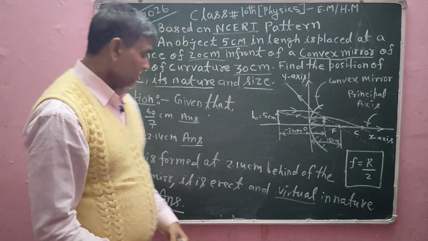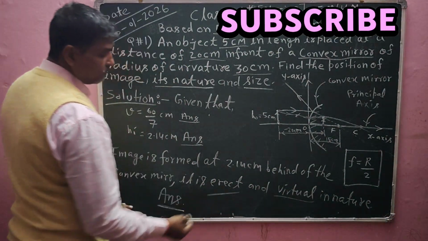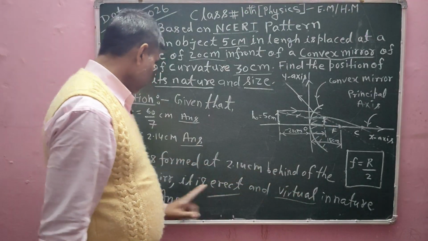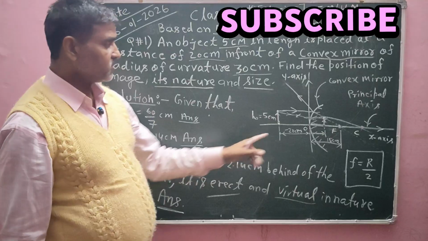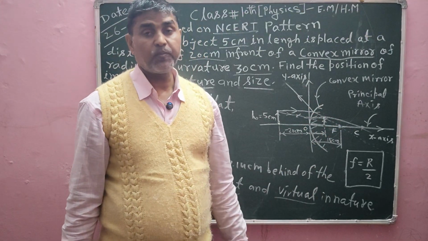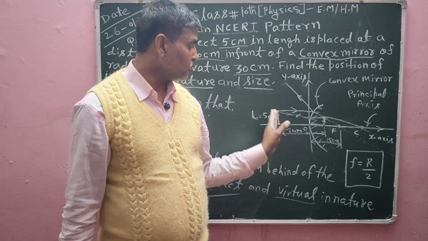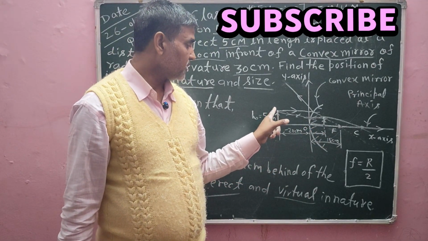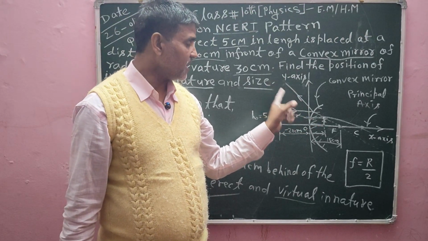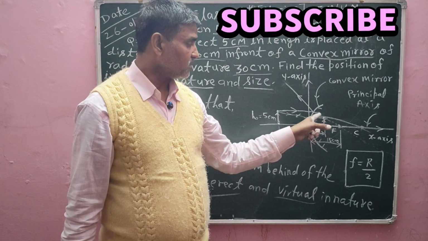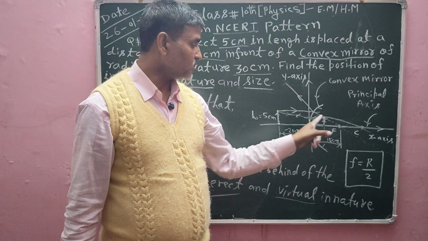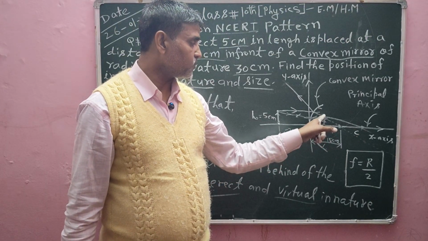It means that the image will be erect, but it will be behind the convex mirror. Any ray which is passing from this point to the mirror is reflected, but I have imagined it here, so it is going through the focus, and the other ray which is passing through the center of curvature is also intersecting the line at this point.